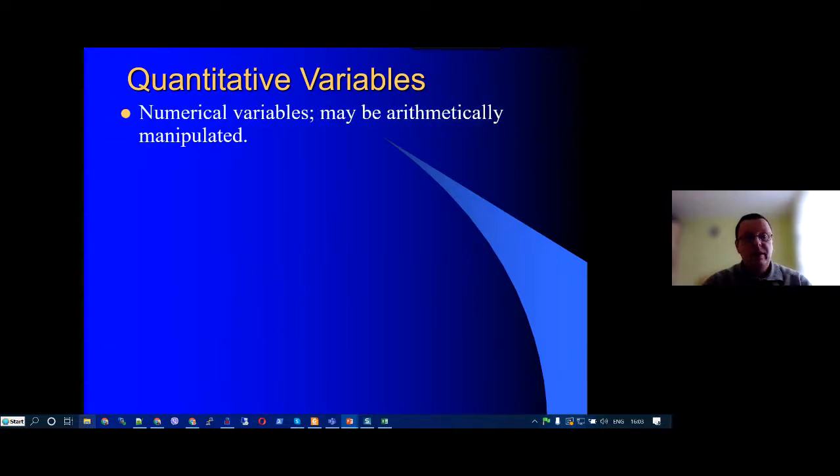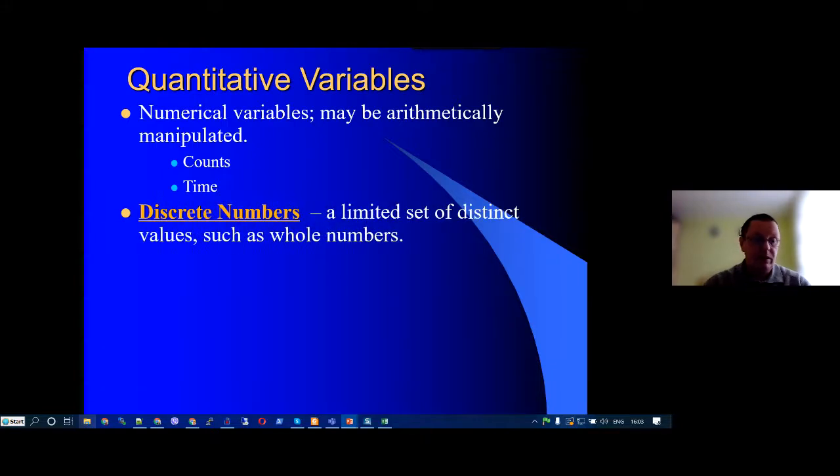In contrast, quantitative variables are numerical by nature, and we can perform arithmetical manipulations: we can perform counts, summation, difference, multiplication, and so on. Discrete numbers represent a limited set of distinct values, such as whole numbers.